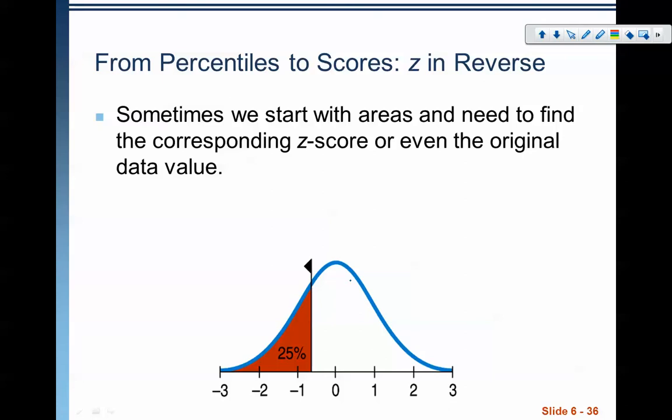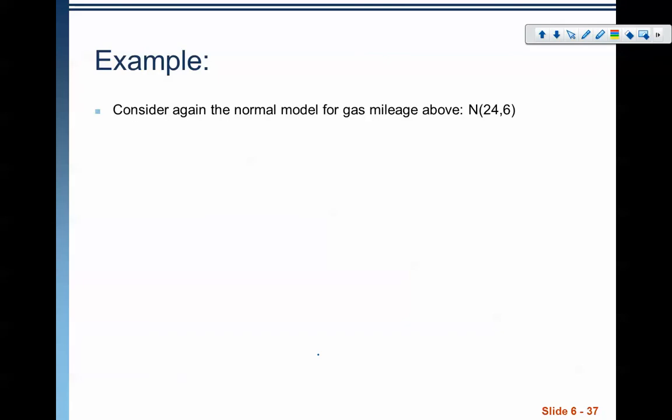That's what I'm looking for. What I need to find is this z-score. I can tell that it's about maybe 0.67 or maybe 0.75, somewhere in there. But I need to find this exact one. This is the lower 25% of the distribution, but I need to find the exact z-score that is associated with that lower 25%. So we're going to go in the reverse direction now.